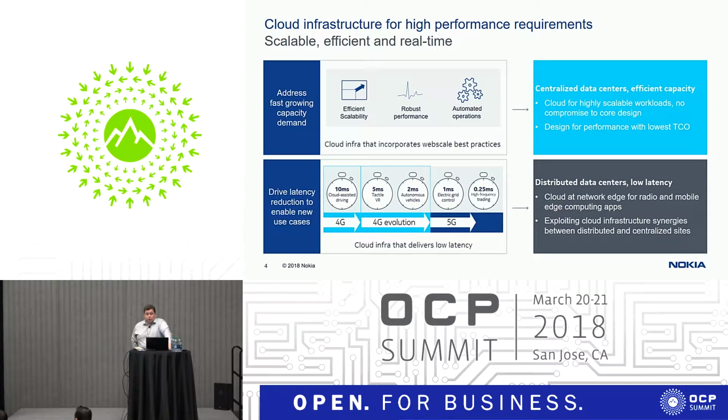In the coming 4G evolutions, we are now implementing 5 to 2 milliseconds round trips on the services, and in the 5G, we are going below 1 millisecond. And those are driven by the requirements on the applications that we plan to have on the networks to support our daily activities.